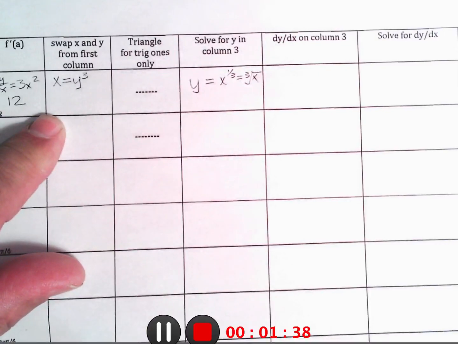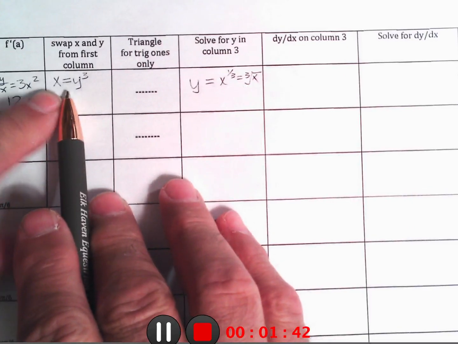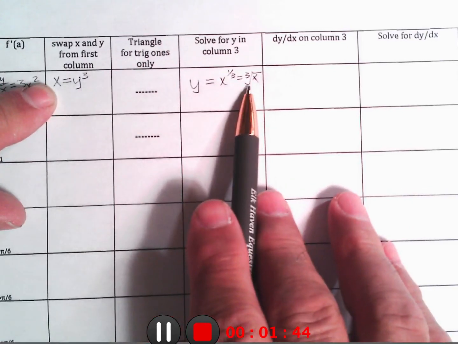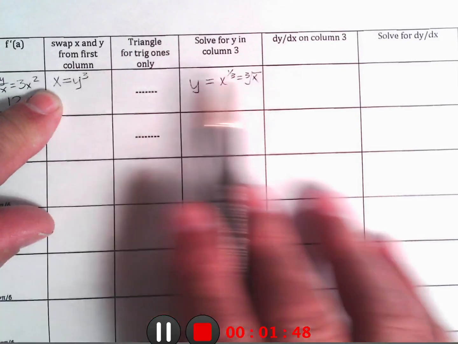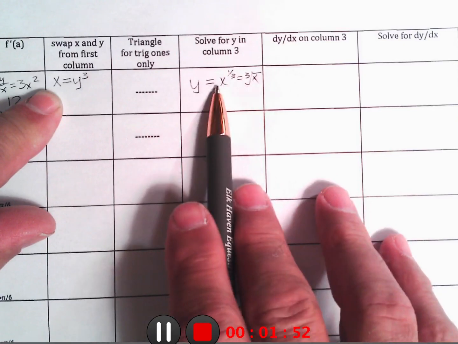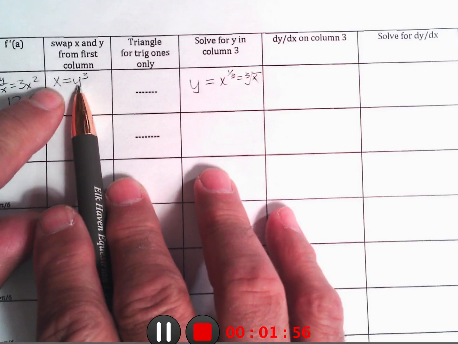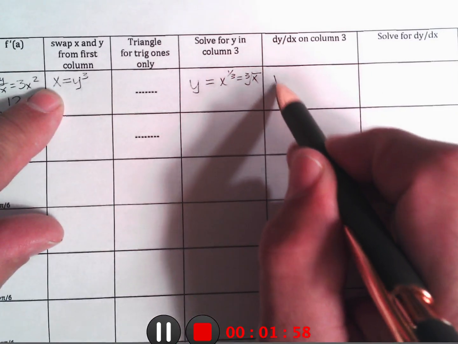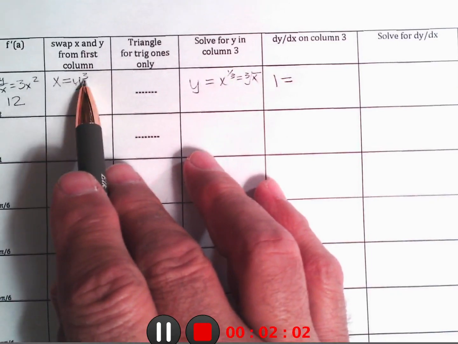This says take the derivative of this. So instead of taking the derivative of this, we're going to take the derivative of the original function to see if we can find the derivative of this. This one's easy enough to do the power rule on, but we're going to do it on here. So the derivative of x is 1 equals, and then we have the chain rule, because this is not x.